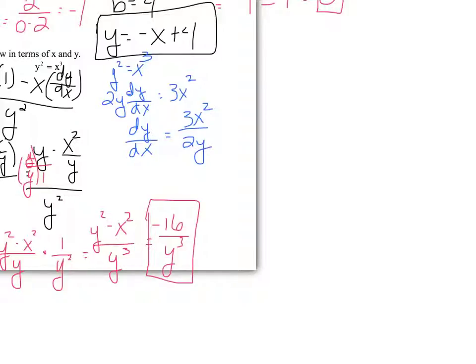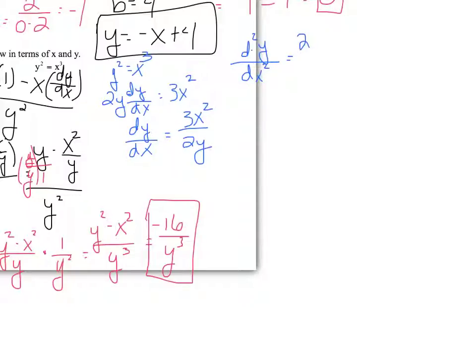Now to find the second derivative, it's going to be d squared y, this is just the notation for it, over dx squared. We have to do the quotient rule for this 3x squared over 2y.